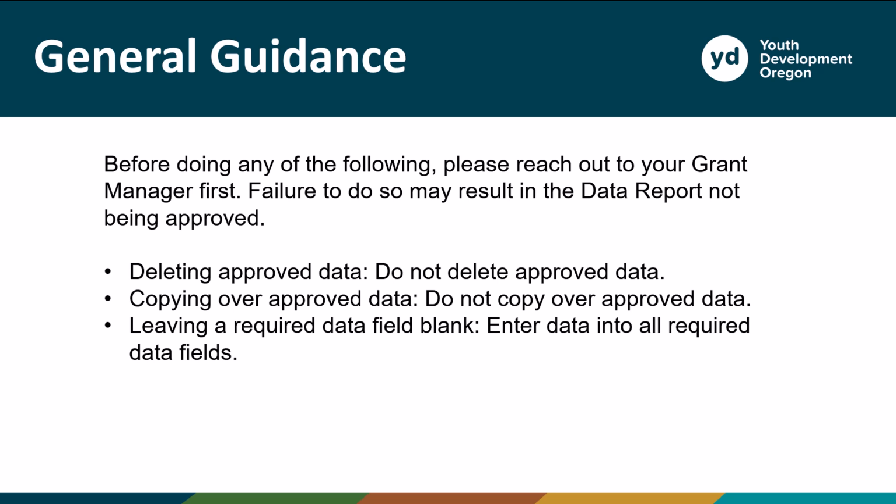And I don't mean that you see a birth date is incorrect and you update it. But do not delete any approved data. Don't copy over any approved data. Remember, the spreadsheet is cumulative. You're adding as you're going along. And be sure that you're entering data into all required fields.